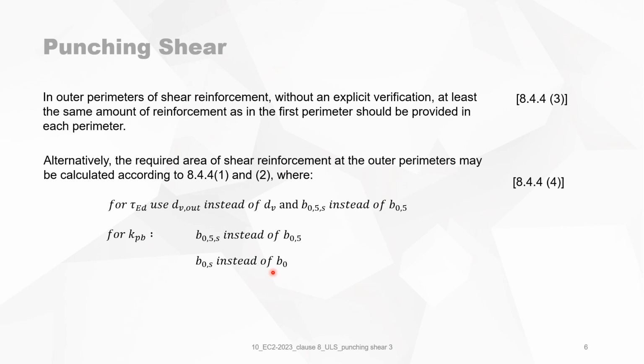So what is b0,s then? b0,s is at the distance dv over 2 or dv,out over 2 from b0.5,s. And kpb, you have to multiply the previous formula of kpb with the square root of dv divided by dv,out.